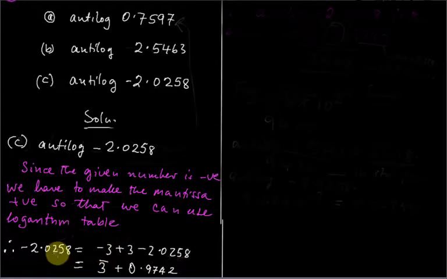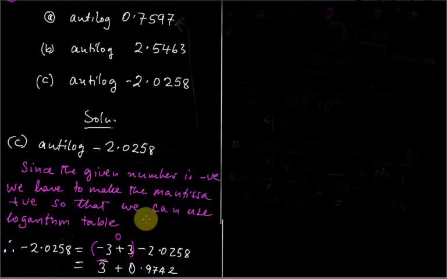From -2 we are going to -3. So -3 plus 3 will give you 0. In fact, this thing here is equal to 0, so there is no difference because it is still -2.0258. These things here are done to go to our point of bar. So this -3 here is the same as bar 3.